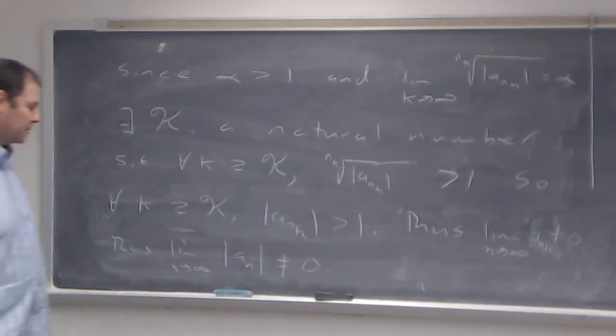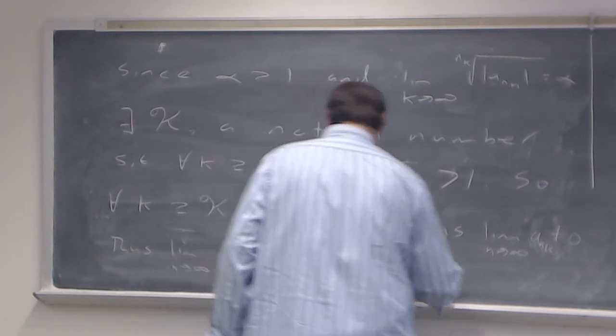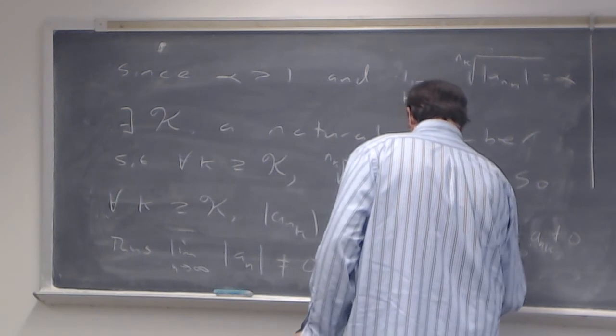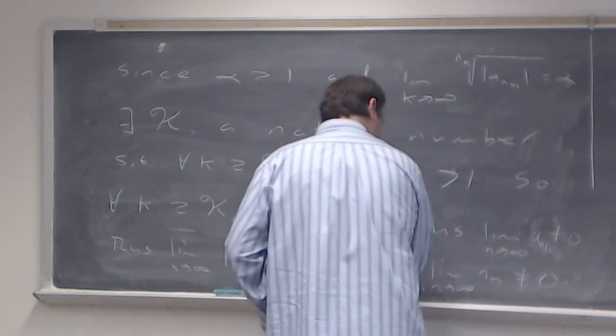And if the absolute value can't go to 0, thus the terms of the series itself that we're adding up can't go to 0.